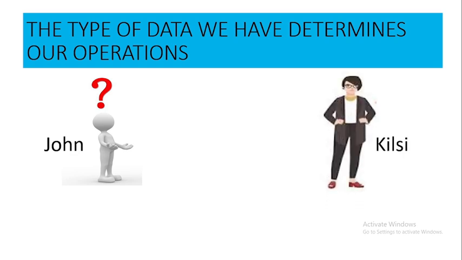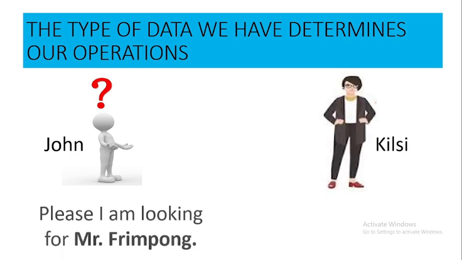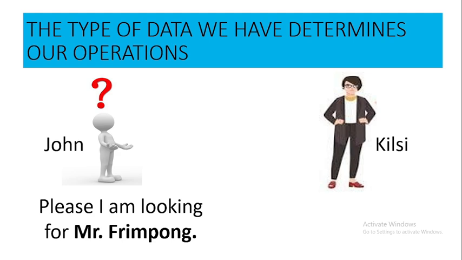So John moves forward to search for Mr. Frimpong. John meets Kelsey and says, please, I am looking for Mr. Frimpong. No more description. So here, John is no more describing the person again. So the data that John obtained has influenced his operations.